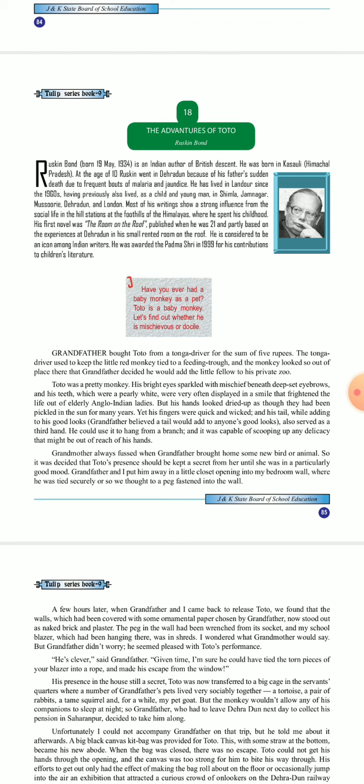Mischievous means troublesome, cheeky or hurtful. And there is another word, docile: meek, manageable or teachable. Next thing is spark. Spark means a glowing matter, a light.